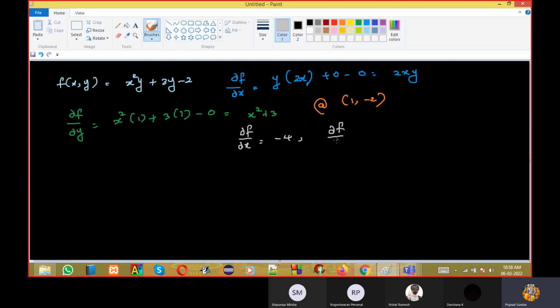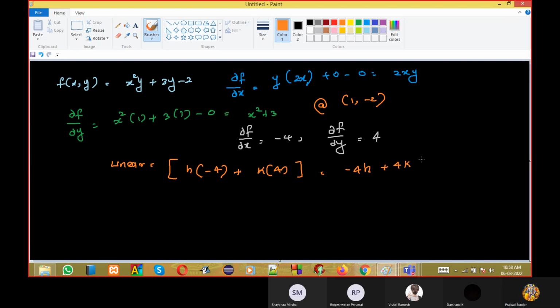And dou f by dou y is x squared plus 3, so 1 plus 3, 4. Correct? So the linear term will be h into dou by dou x plus k into dou by dou y, so it will be minus 4h plus 4k.